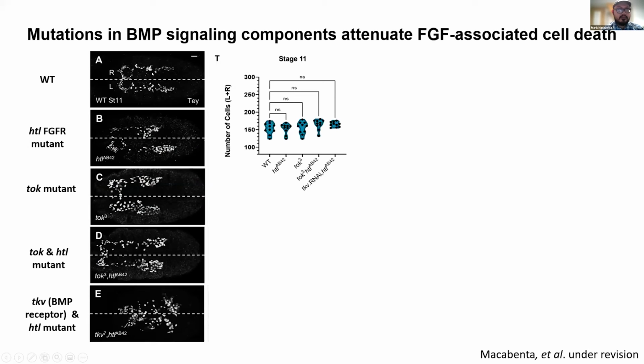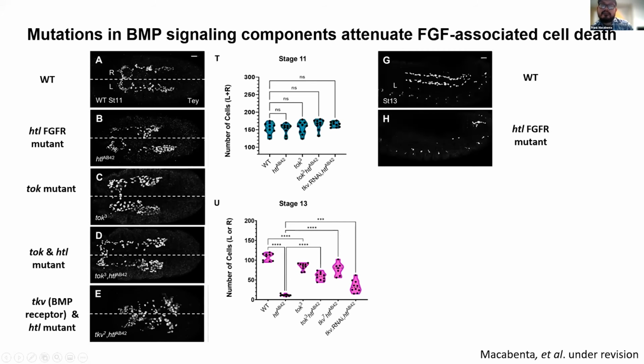And to summarize, what you can see in the left-hand panels is that between wild-type, heartless, TOC mutants, TOC heartless double mutants, and BMP receptor and heartless double mutants, there really isn't a significant difference in the number of CVM cells. However, after the cells have rounded the posterior turn, we start to see differing trends occur.